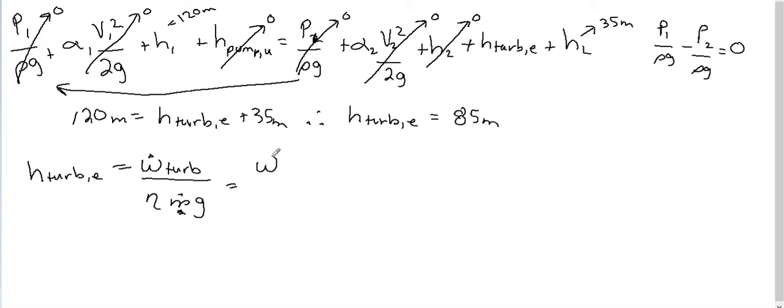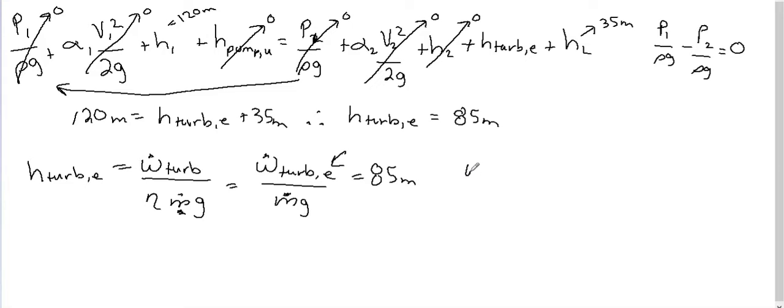And that's also equal to the extracted power of the turbine divided by m dot g, the mass flow rate times gravity. And again, we already calculated that it's equal to 85 meters. So we can rearrange here and solve for the extracted power of the turbine.